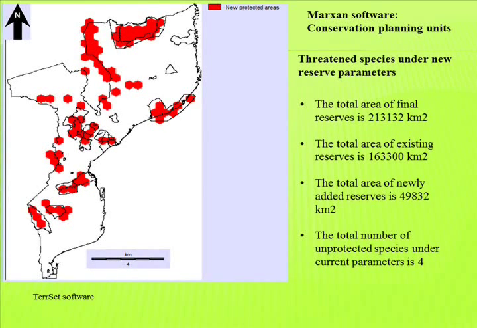And lastly, the total number of unprotected species under the new parameters is now 14, compared to the ecological planning units. This is far fewer, which means that the conservation planning units conserve more species than the ecological planning units. Therefore, the conservation planning unit is recommended over the ecological planning units.